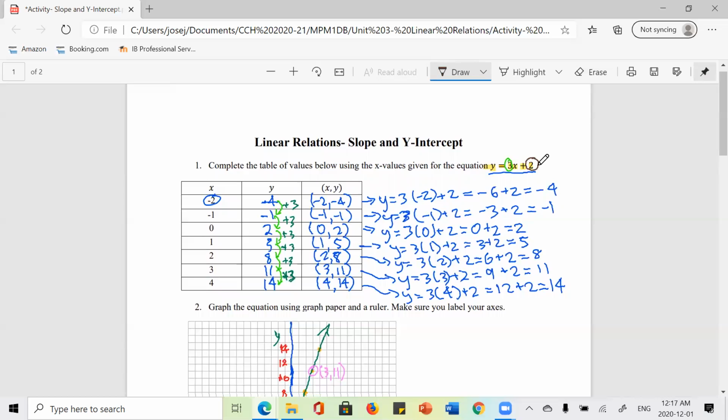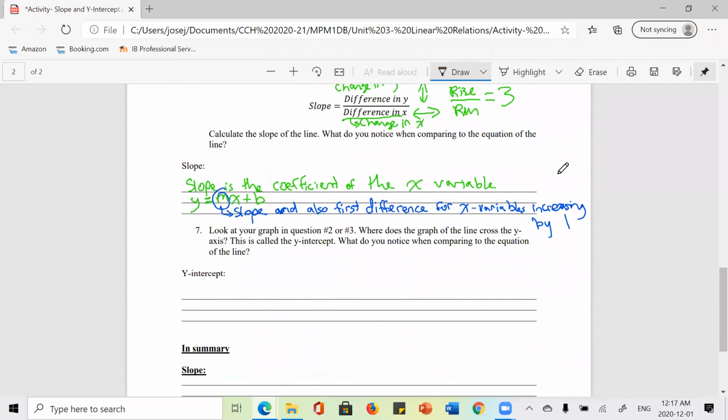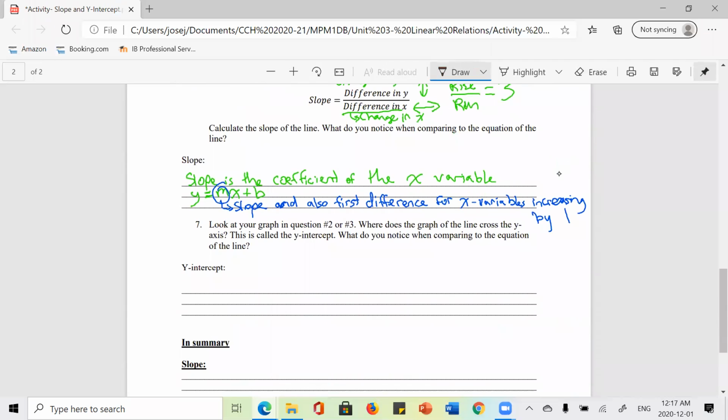And if you don't see anything, that means the y-intercept is 0, which means it is a direct variation, right? And we talked about that in the last lesson. So going back to this, we notice that the y-intercept is the constant of the equation.